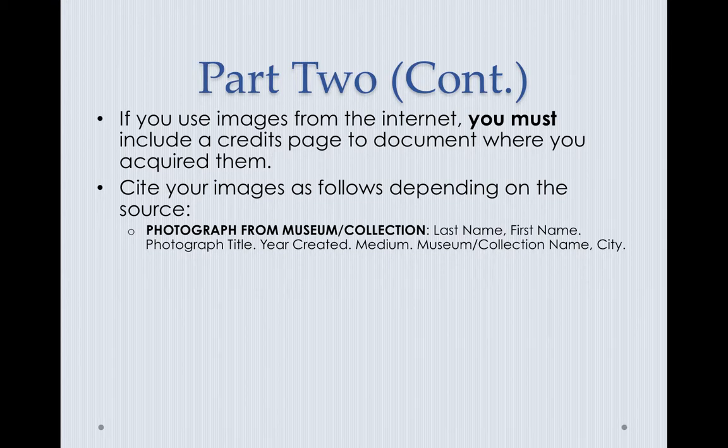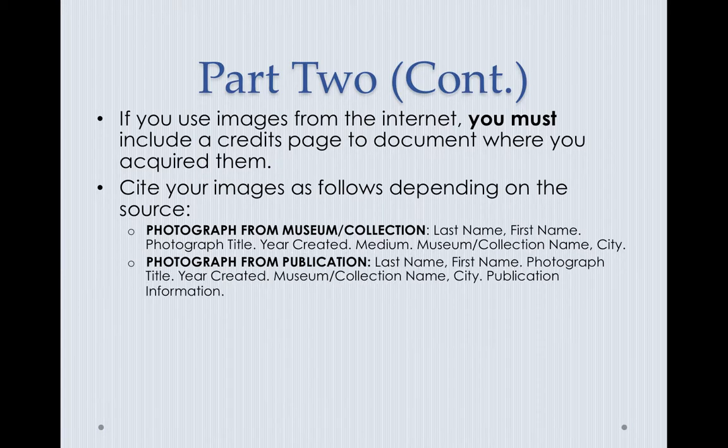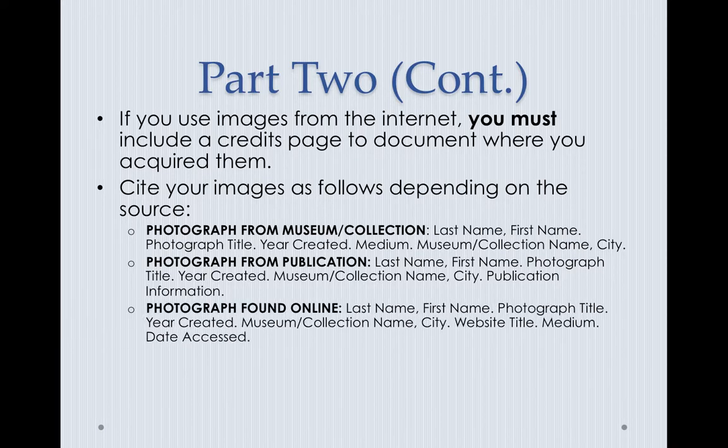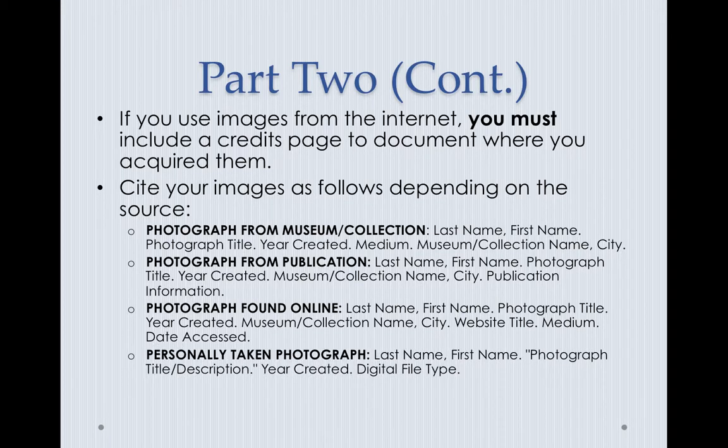This PowerPoint will be posted on the message board so that you can access them as you need them. Some photographs are from a museum collection. They have their specific format. Then there are photographs from a publication, such as a book or magazine. Photographs that you find online, and personally taken photographs.